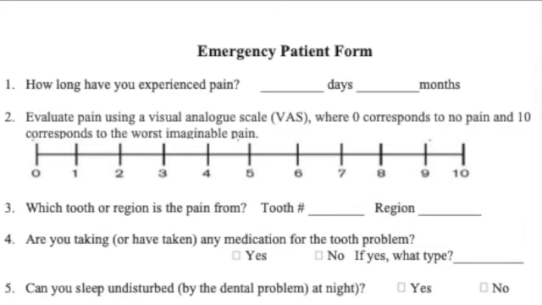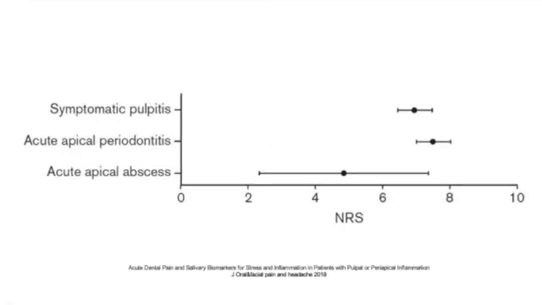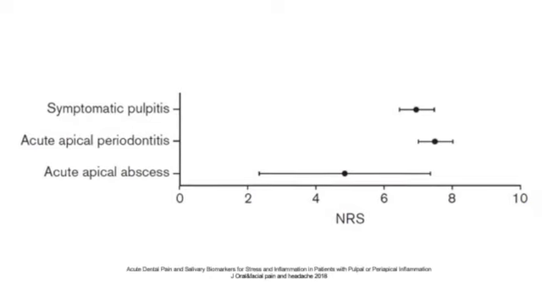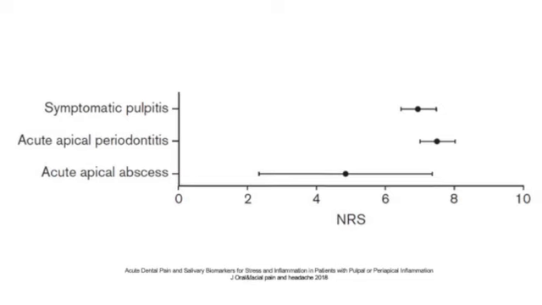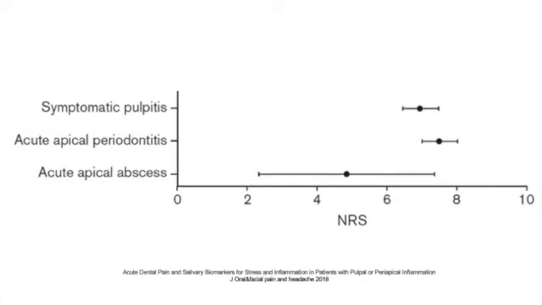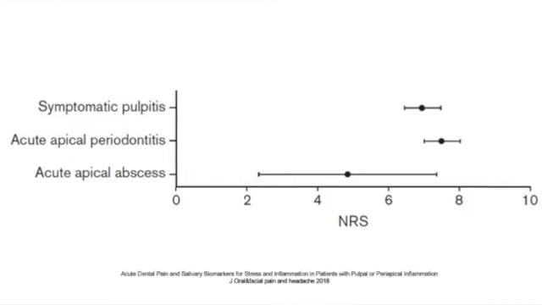The next question is to rate how much pain you are experiencing between 0 to 10, where 10 is the worst pain ever and 0 is no pain at all. This is also known as the visual analog scale or the numeric rating scale. Patients with symptomatic irreversible pulpitis report a mean pain score of 7.